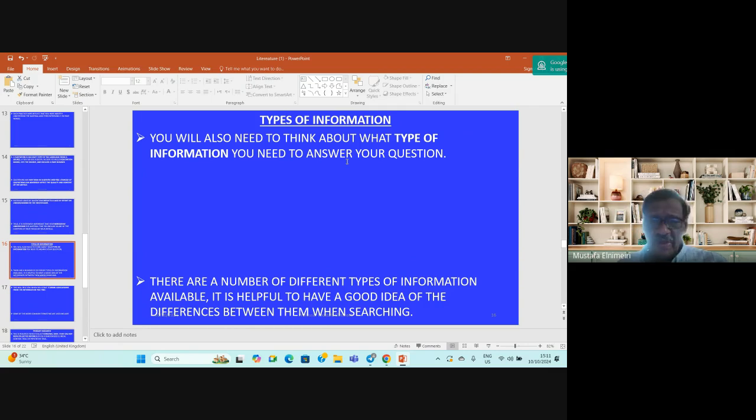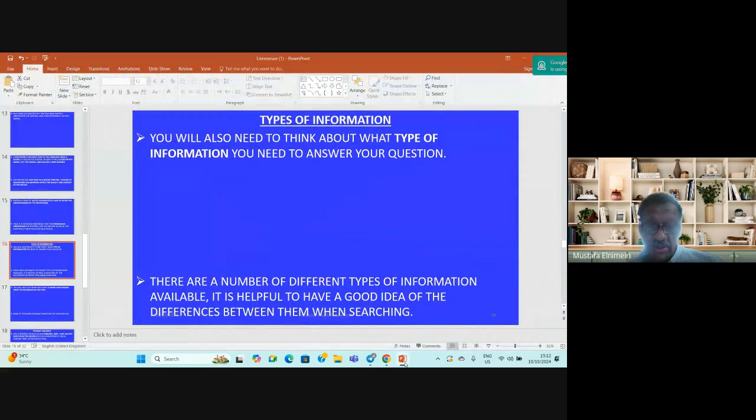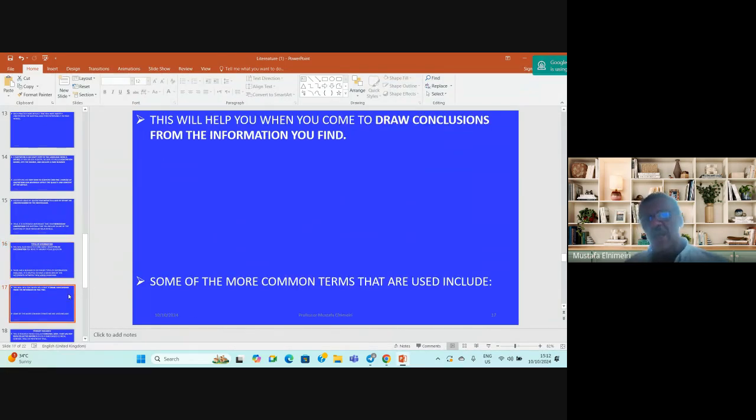There are different types of information, and it's helpful to have a good idea about the differences between them when searching the literature, whether in a bibliography database or using search engines. For example, this will help us to draw conclusions from the literature we find, and we have some common terms used for classification of the literature review.